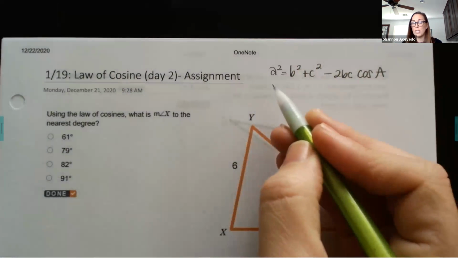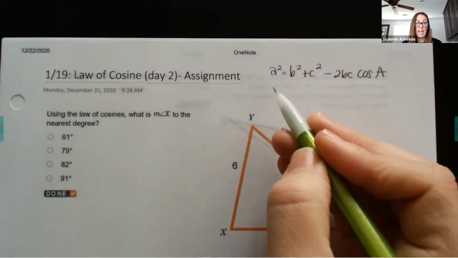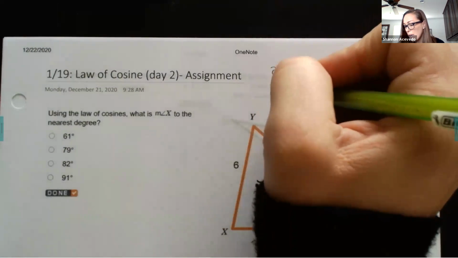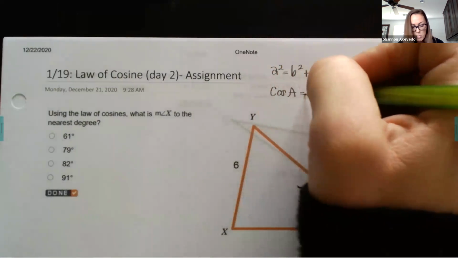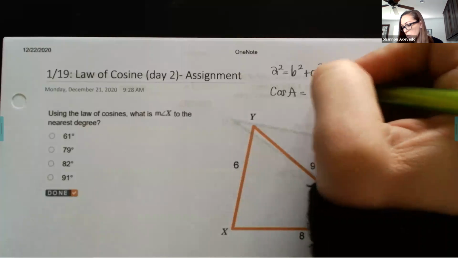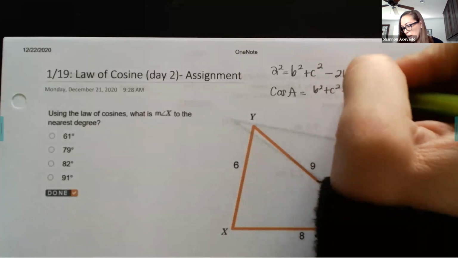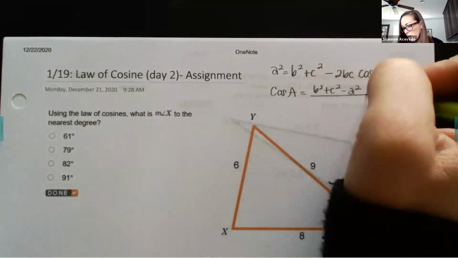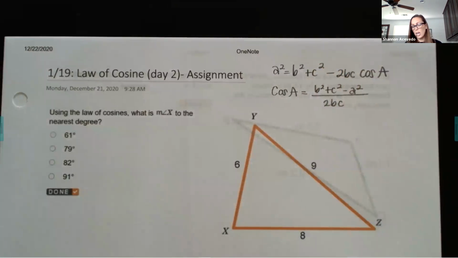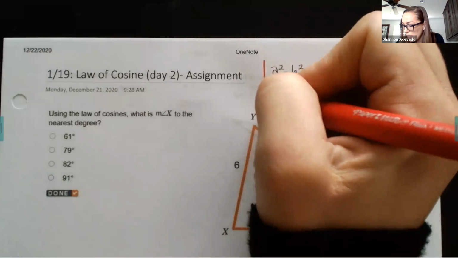I would use this if I was going to solve for a side. If I'm looking for the angle, then I would have cosine of A is equal to b squared plus c squared minus a squared all over 2bc. This is just a review of the formulas that you're going to be working with for this section.